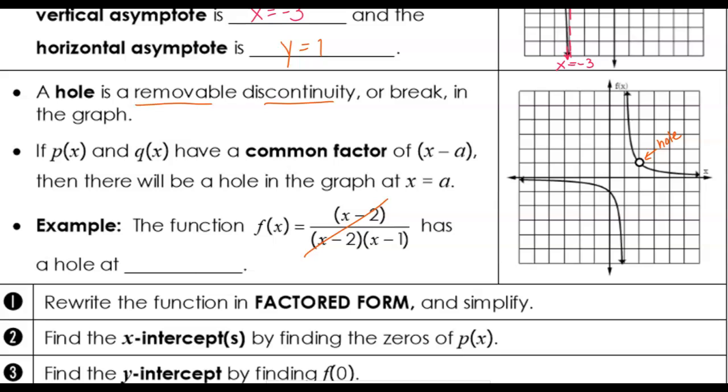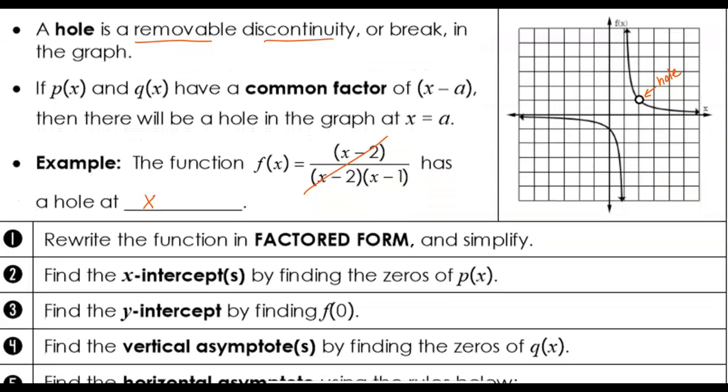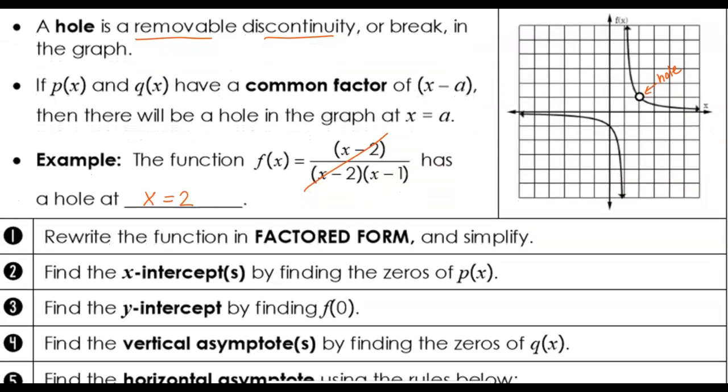It cancels out of our equation completely, creating a removable discontinuity. It's removed from the equation. And the hole is actually located at the zero of this factor. So you set this equal to 0, you add the 2 over, and your hole is actually located at the x value of 2.